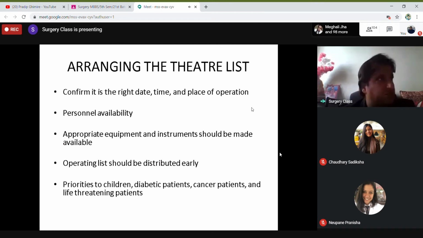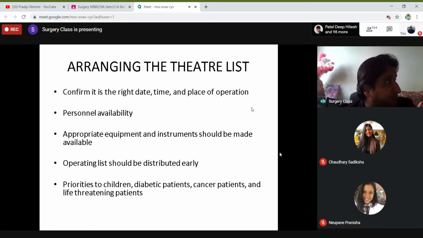So if you are going to undertake a major surgery and you need some special type of equipment, or some special type of retractors, you have to tell prior. You have to send the list to the sisters in the operation theater, and they will arrange for you beforehand.